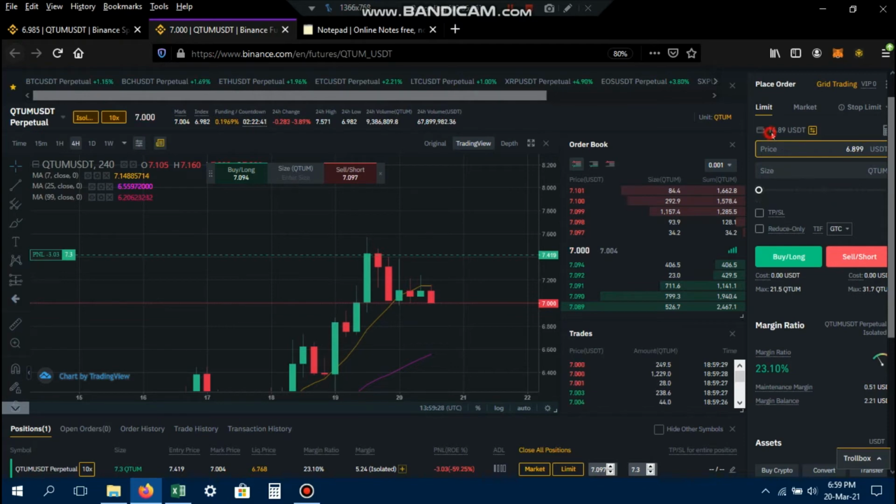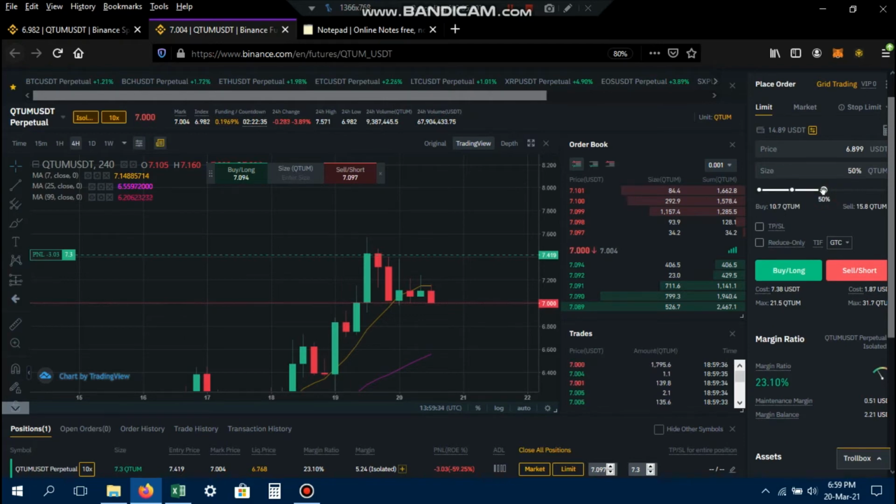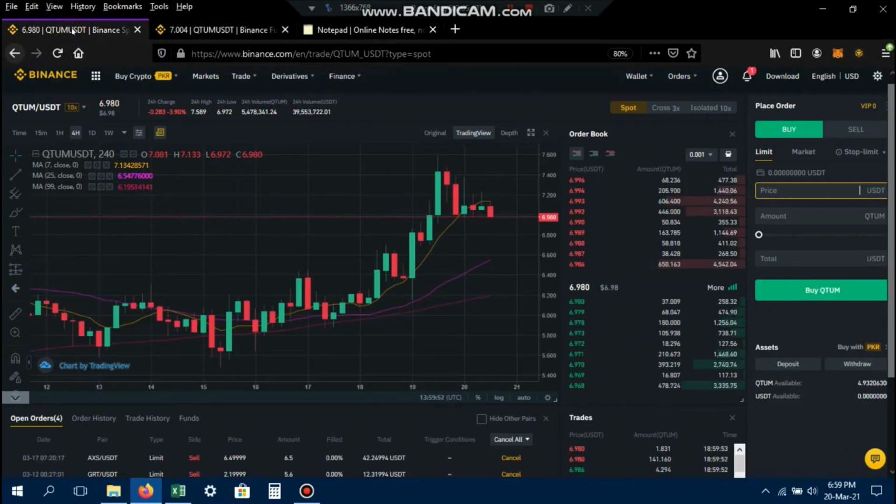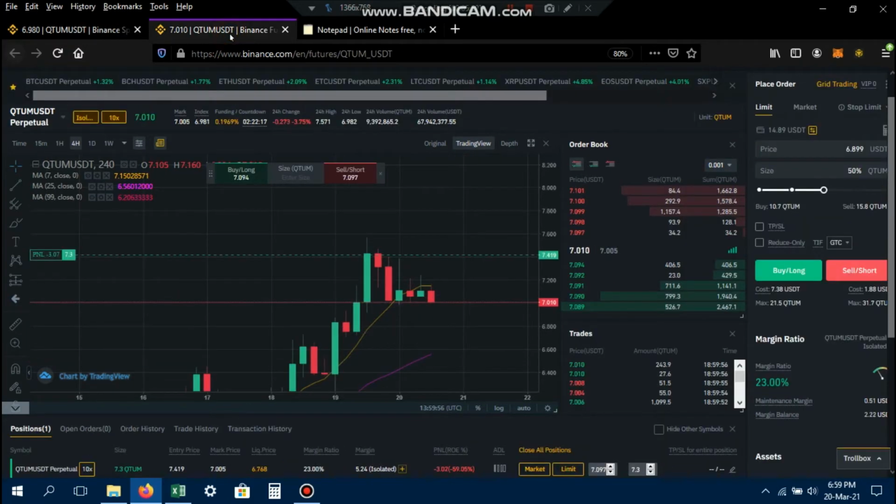You have 14.89 USDT and you plan to invest 50%. Now 50% of this would be around 7 point something, that would be multiplied by 10x leverage, and that's why I would be able to buy 10. Otherwise, if this were spot trading and I invested 7, I would be able to buy only one coin of Quantum.